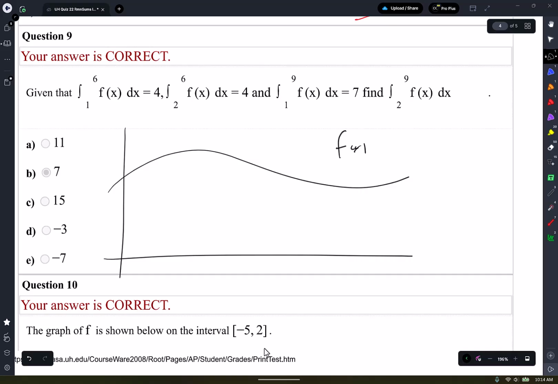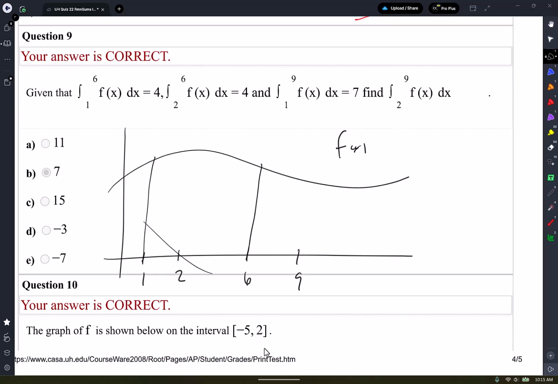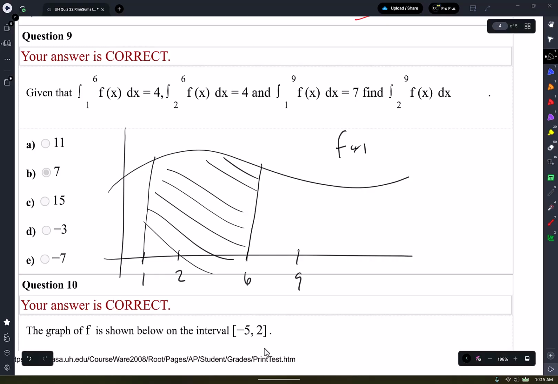Okay. I still think it's easier with a visual here. 1, 2, 9. 1 to 6, and 6. Yeah, you're right. I think you got it, Houston. I think that's the answer. That's 1 to 6. That one's in black. That one's in black. And then this one is in blue.